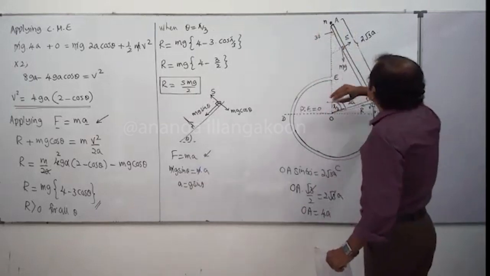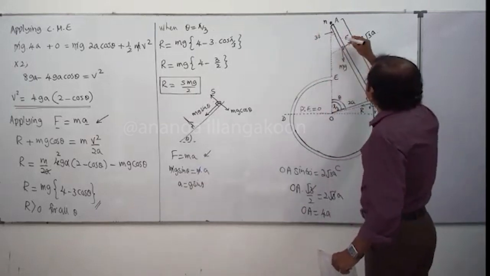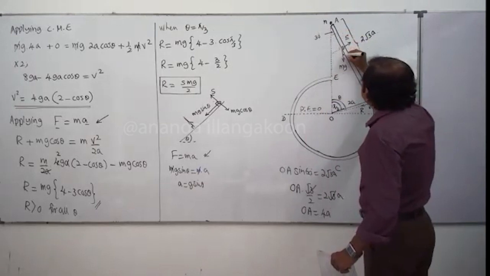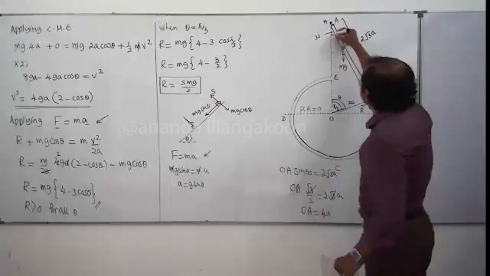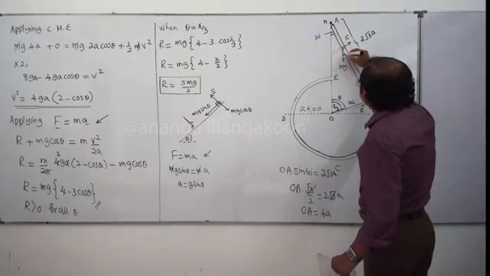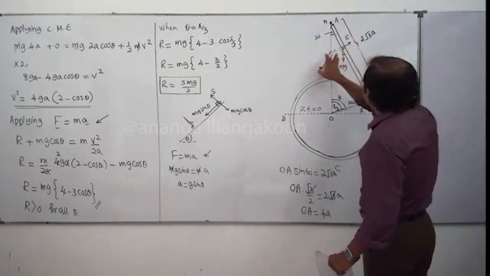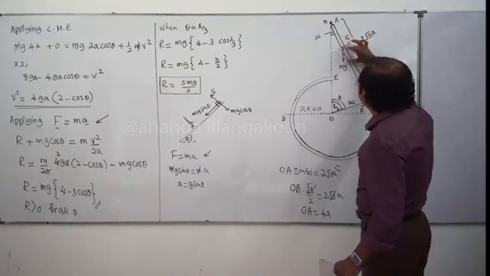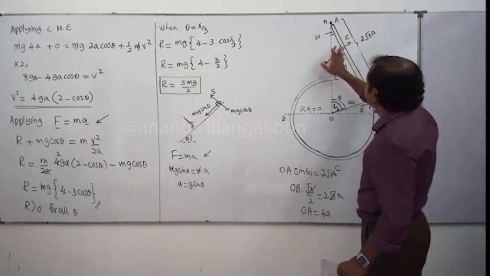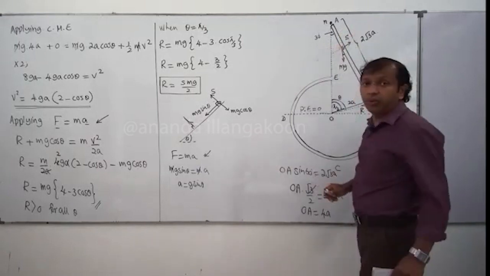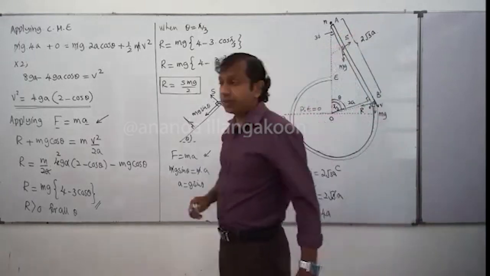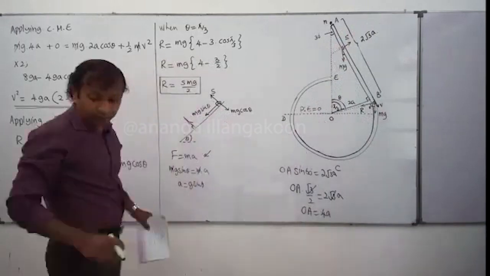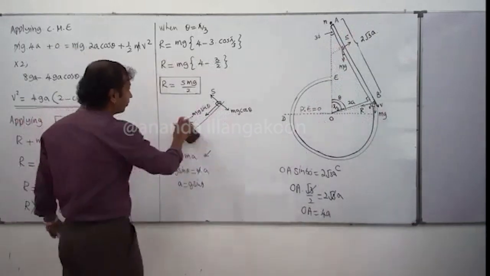If this is 30, this is also 30, corresponding angles. Then when we apply F equals ma to this particle in this direction, S minus mg sin 30 should be equal to 0, because along this direction there is no acceleration.